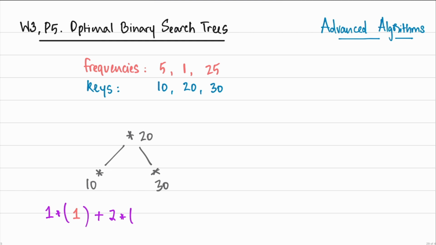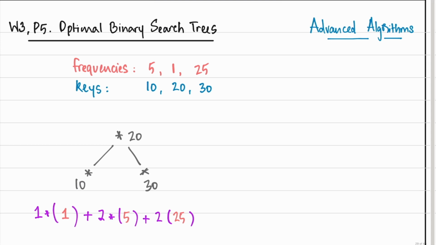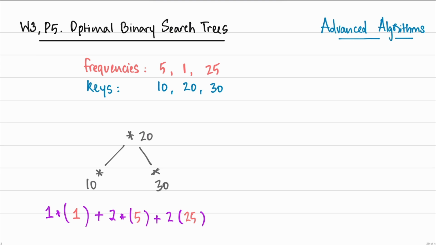So that's going to be 2, and the multiplier is going to be 5, which is the number of times that we do this. And finally for 30, it's again going to be 2, and the multiplier is going to be 25. So you might already be having a bad feeling about this cost here. So the total cost turns out to be 25 times 2, 50, plus 5 times 2, 10, plus 1, so that's a 61. Now, can we do better?